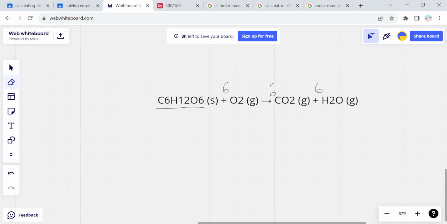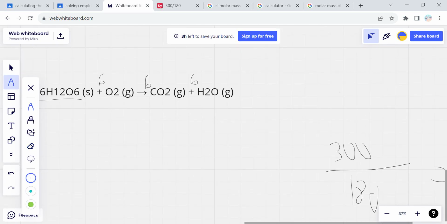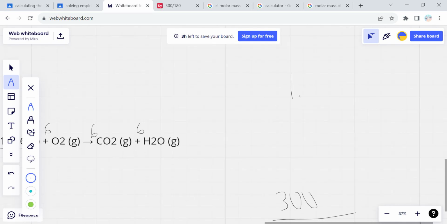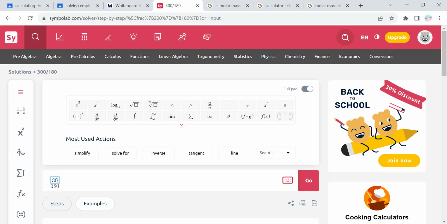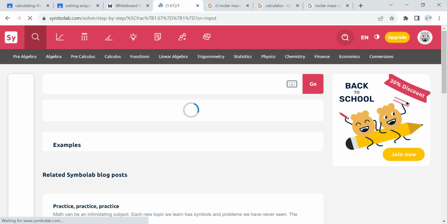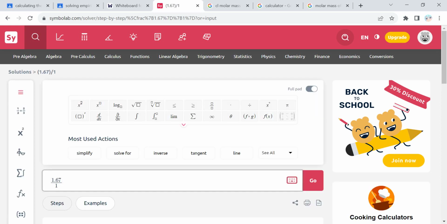So for the answer, again, we're gonna use the formula: the given mole divided by the balanced mole. 1.67 divided by 1. I don't know why I divided that. I mean, the answer is literally right there. Times 2. No, 6 actually.